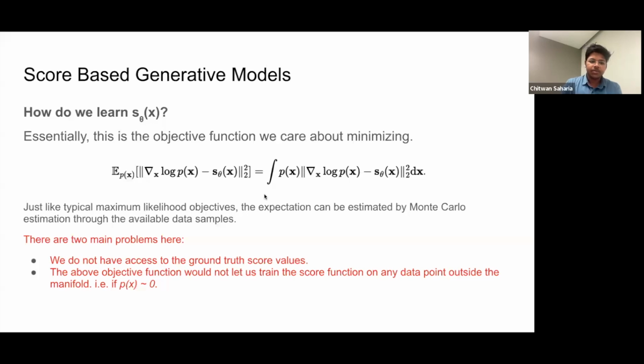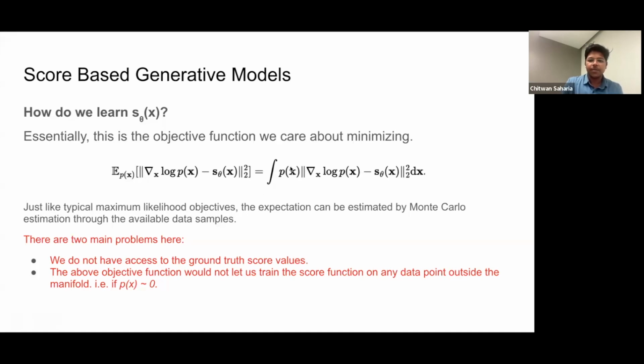But there are very clear problems here. The first obvious problem is, how do you get access to these ground truth scores? We don't have them. All we have is data samples from this probability distribution, so we somehow need to figure out how to obtain this. The second, very interesting and subtle problem is that there is a probability weighting on this objective function.